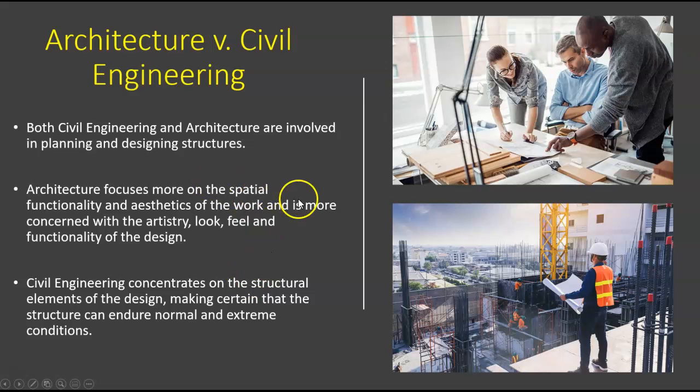If you drew the Venn diagram of the two, there's overlap. But if somebody pinned you down and said, what's the difference? You might say that architecture is more of an art form, whereas civil engineering is more of a functional and instrumental craft.